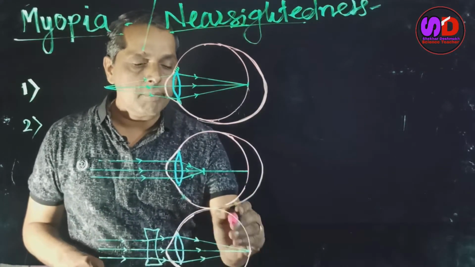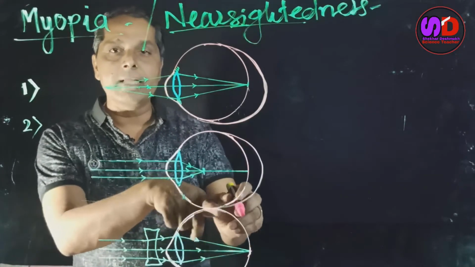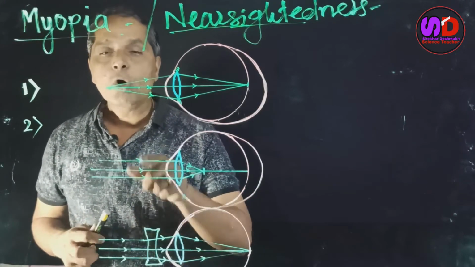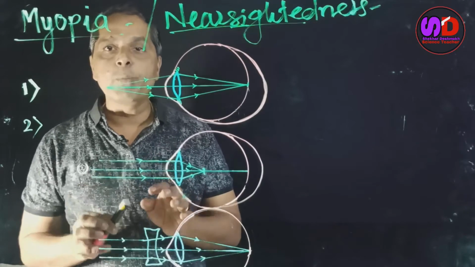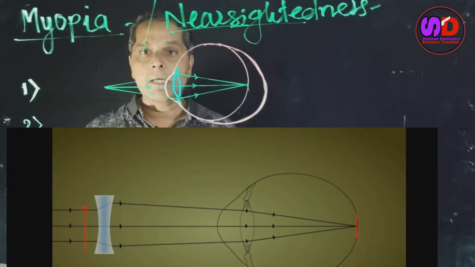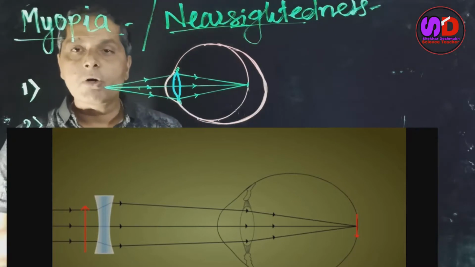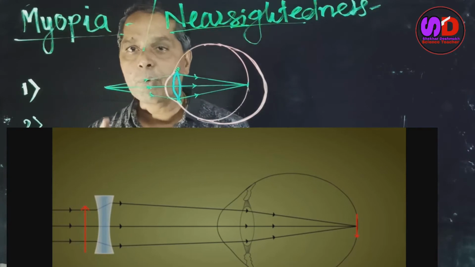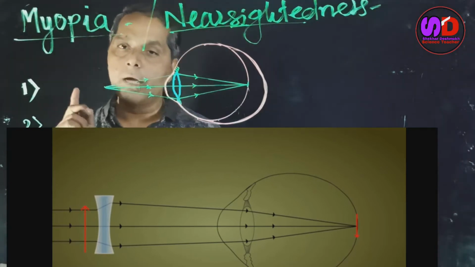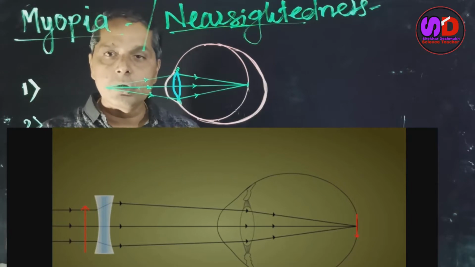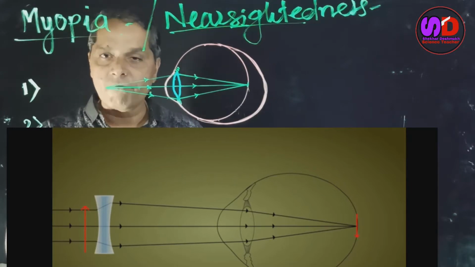Here the image of a distant object can also be formed on the retina by using a concave lens of appropriate power. Depending upon the converging power of the lens and the defect, a concave lens of appropriate power can be used to cure this defect.